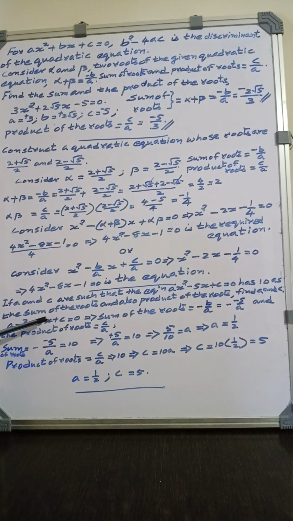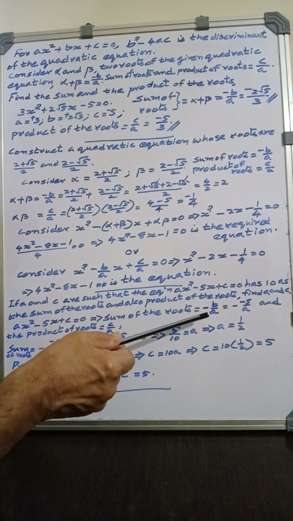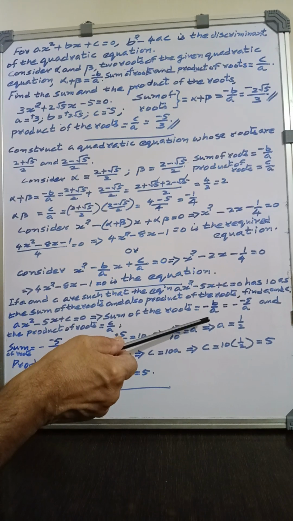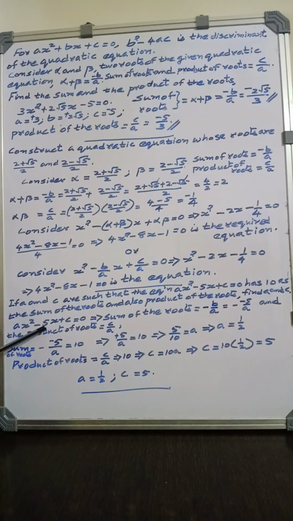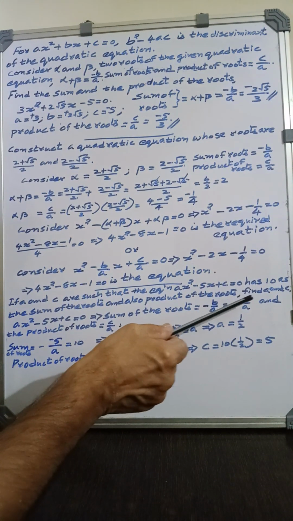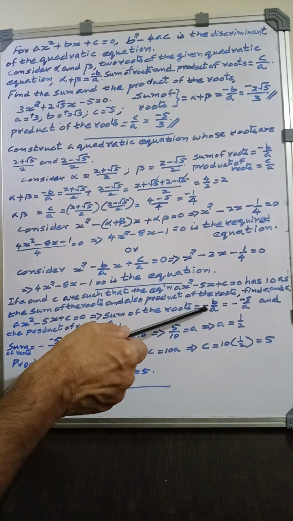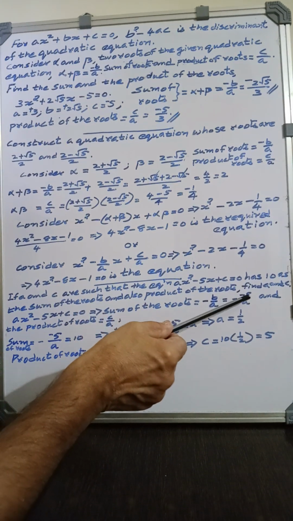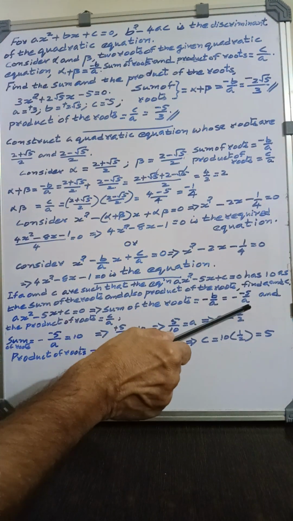ax squared minus 5x plus c equals 0. Sum of the roots equals minus b by a, that is minus of minus 5 by a. This minus is this minus, and this minus is minus 5 by a.